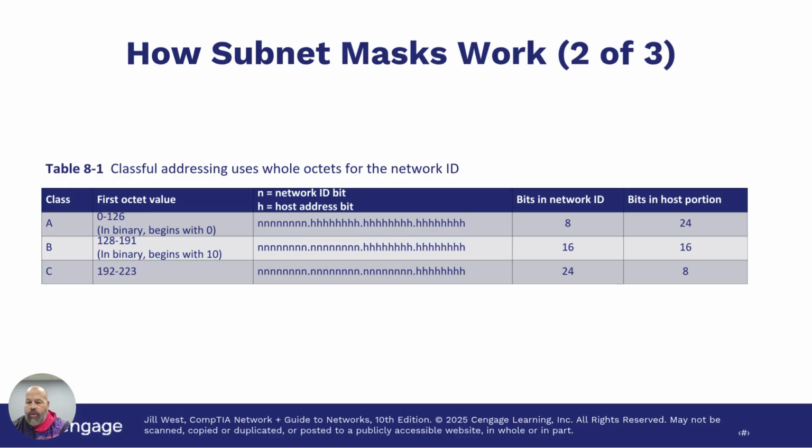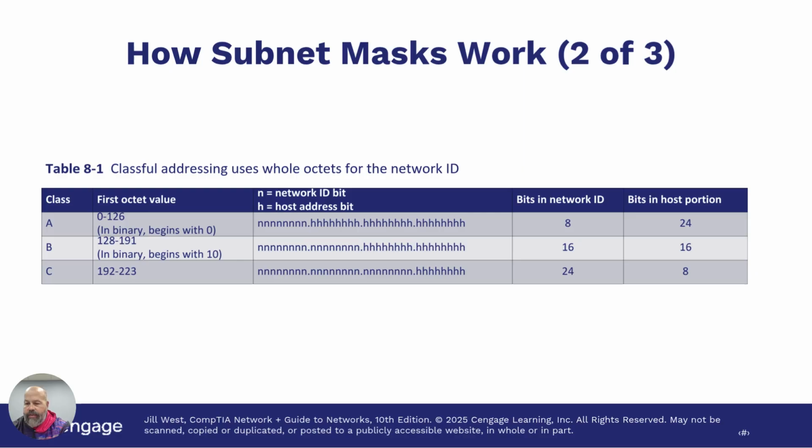Class B, which is 128 through 191, split it evenly, and it gives 16 bits for the network, 16 for hosts. Class C, which is 192 to 223, gives you 24 bits for network, only 8 for hosts, which is just 254 devices. This is called classful addressing, and it's about as flexible as airplane seating.